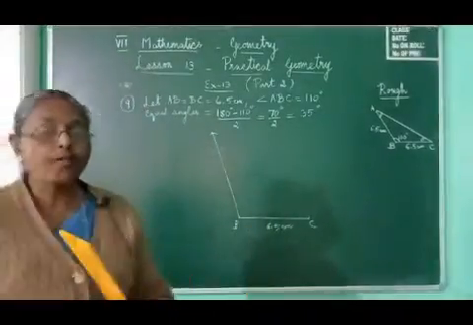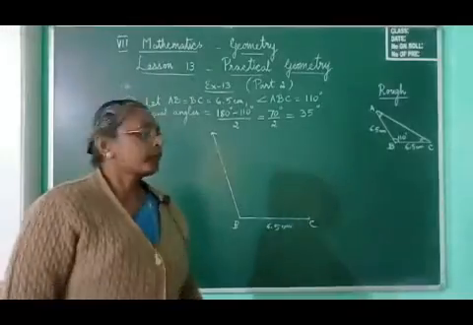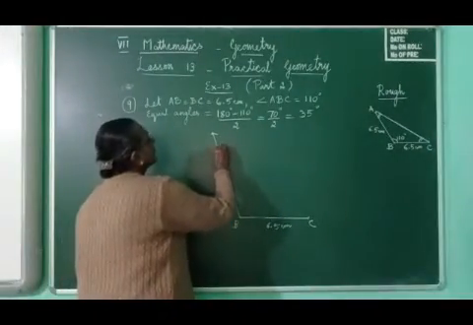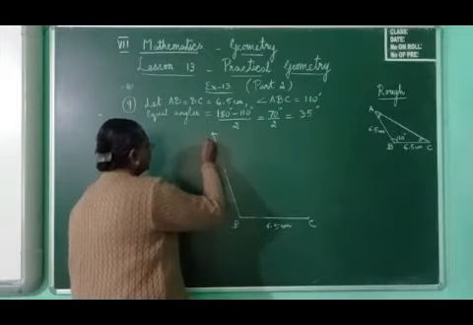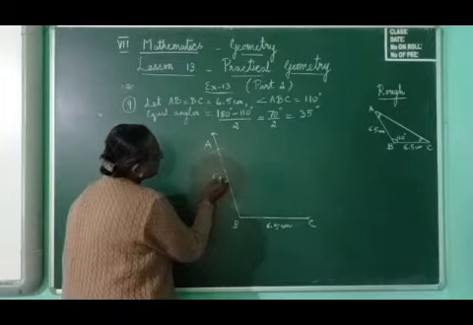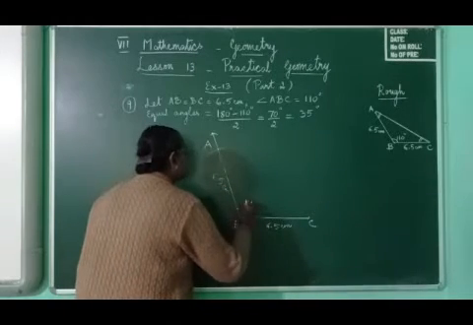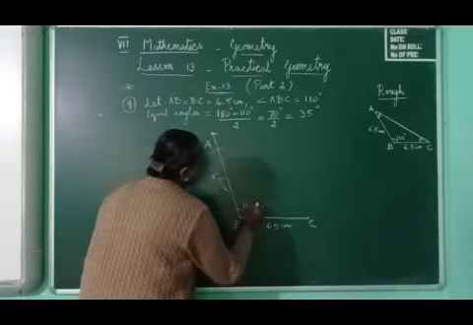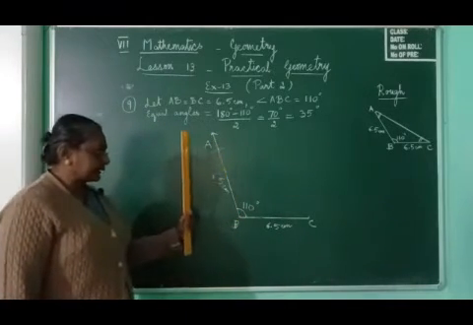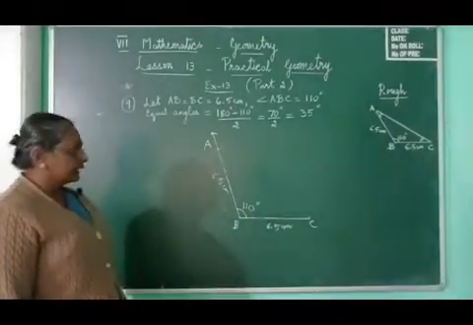This point will be vertex A, and here it is 6.5 centimeters, and the angle between the line segments AB and BC is 110 degrees.